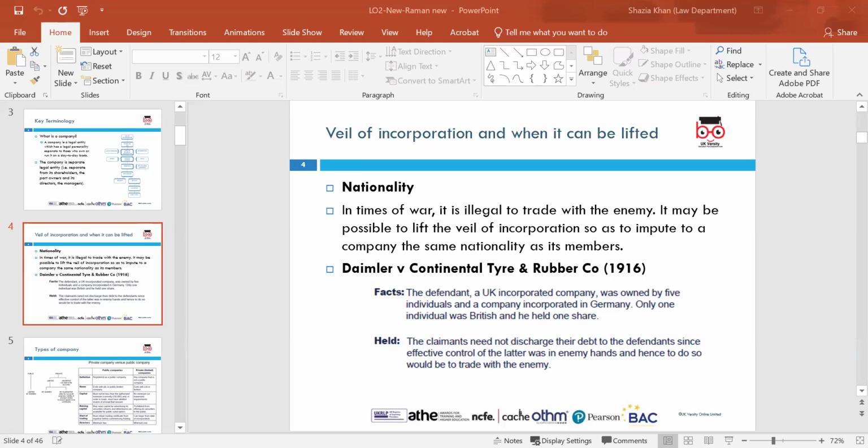Creditors are not able to recover debt from the personal assets of the shareholders or directors; they must recover it from the assets of the company and the company alone.